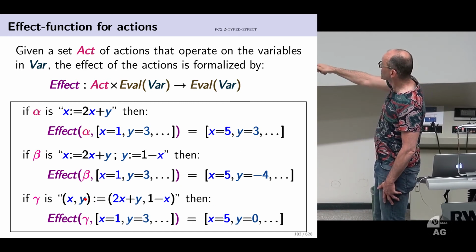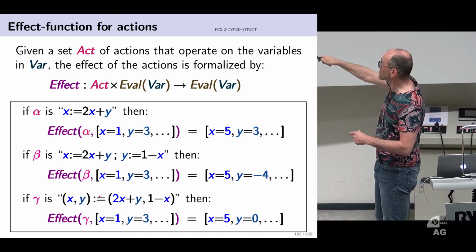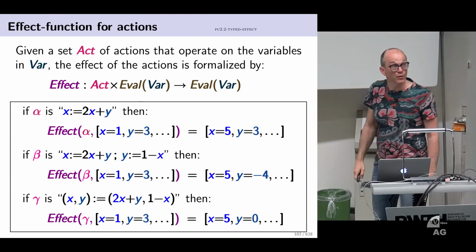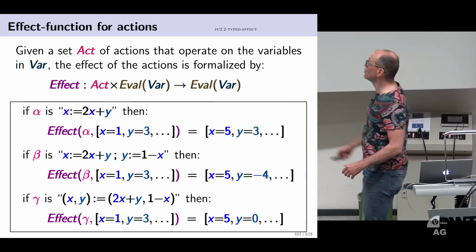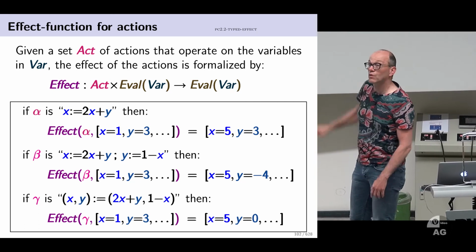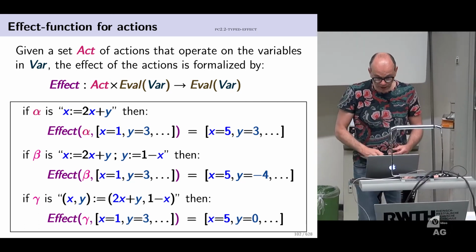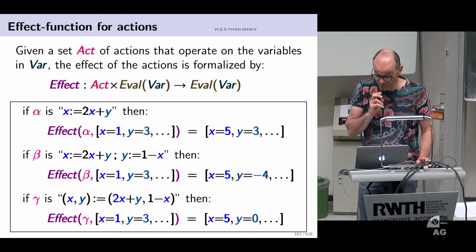But y is now 1 minus x based on the value of x before this assignment, which was 1. So we get 1 minus 1, which is 0. So I'm going to use this syntax for parallel assignments, and this is for sequential assignments. Good. But I hope the principle of this effect function has become clear.